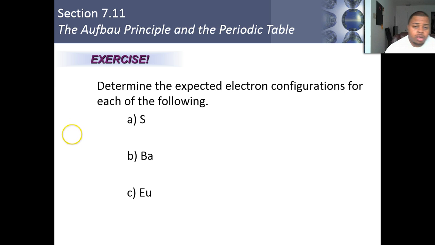Sulfur. Well, we know that sulfur has an atomic number of 16. So that means that in my electron configuration, I have to have 16 electrons accounted for.